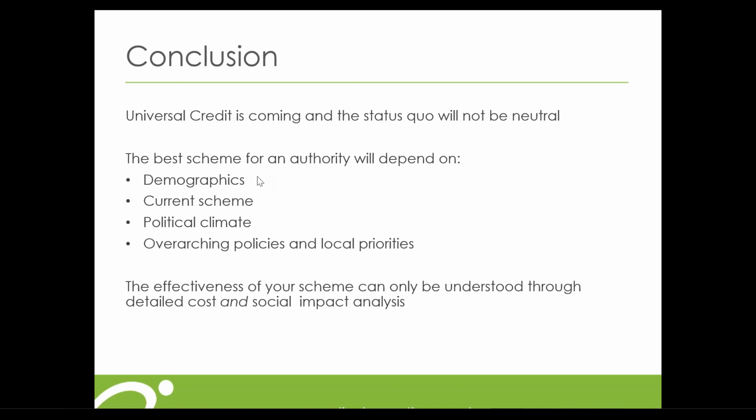There will be an impact on cost, and with universal credit moving towards full service everywhere and managed migration starting, it's worthwhile knowing what that impact will be, so that your elected members can make a decision about whether that impact is politically acceptable. And the best scheme for an authority, and we heard this from Jenny looking at another local authority scheme, we found this ourselves. We're quite astonished. I started way back being very against localized CTR.